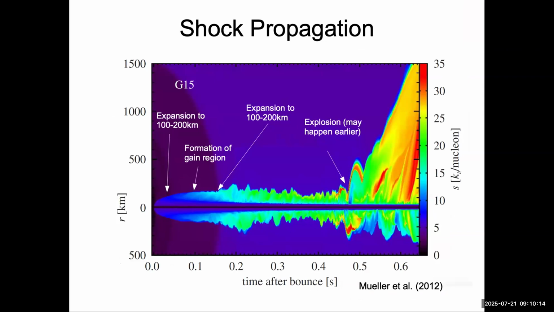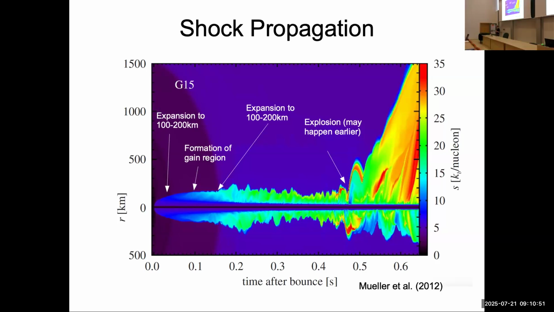It has turned into an accretion shock, so matter behind it is no longer moving outwards, but just by the jump conditions at the shock, it adjusts its position, and it moves outwards within tens of milliseconds to about 100 to 200 kilometers, hovers there for a while, and then after 100 milliseconds or so, you will actually see the really interesting thing for the neutrino-driven mechanism, which is that a structure with net neutrino heating will develop, and I will come to that in the next slides.